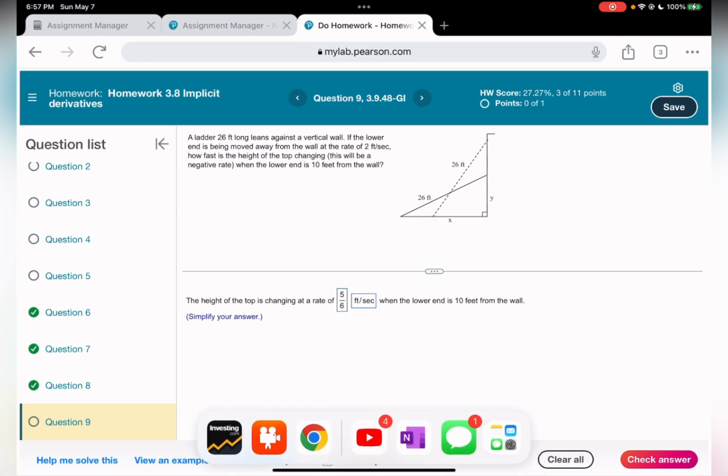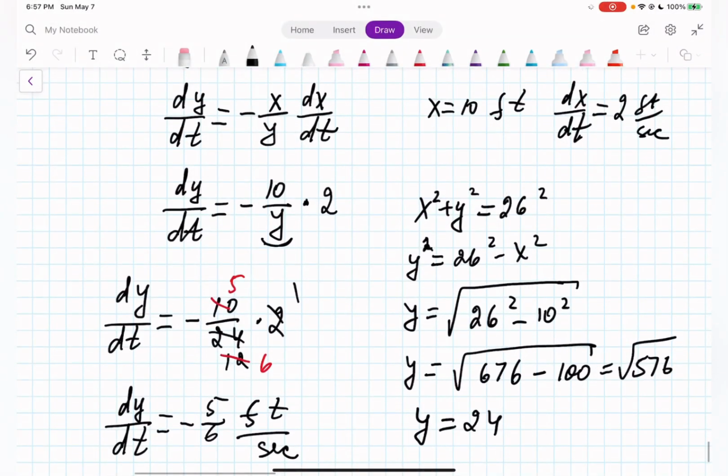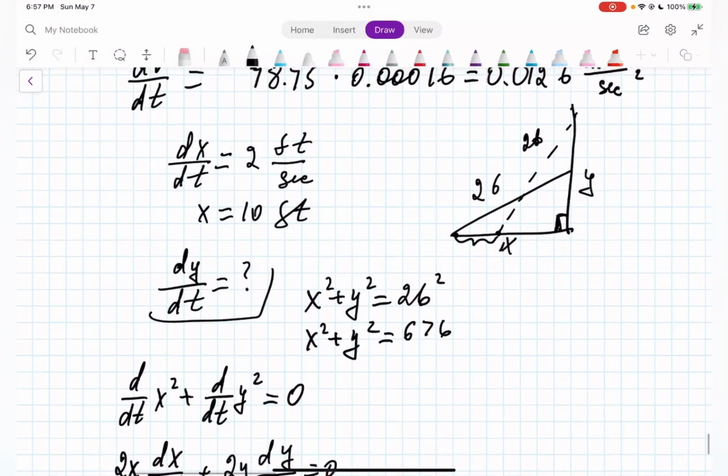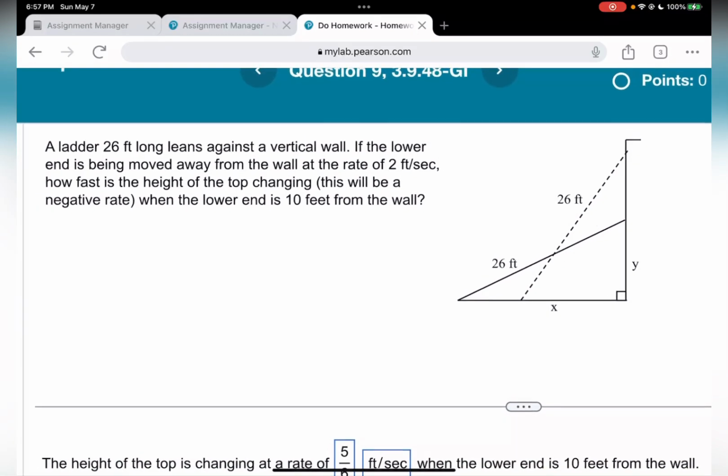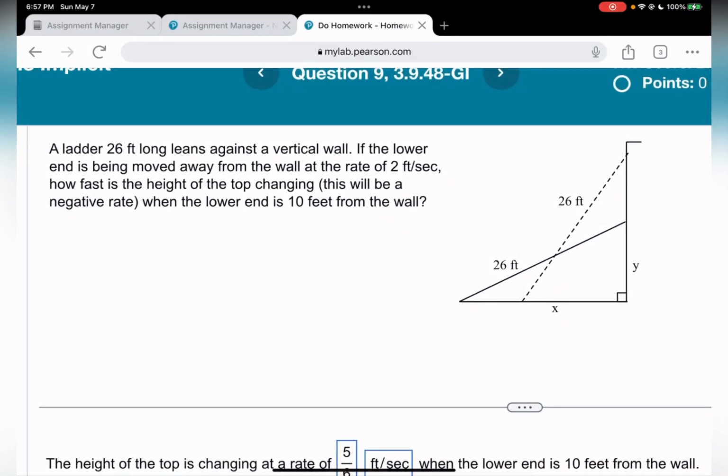Let's go back and double check what we have, in case there is some math problem there. dx by dt is 2 feet per second, away from the wall, and when the lower end is 10 feet away from the wall, that's x.